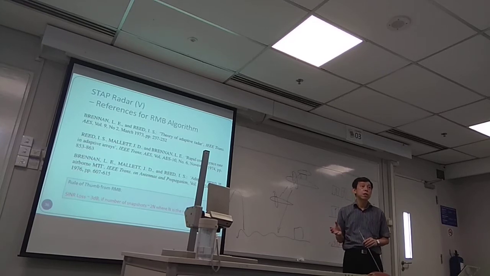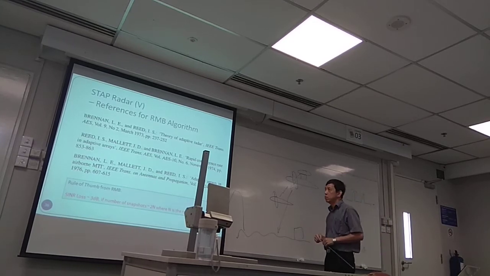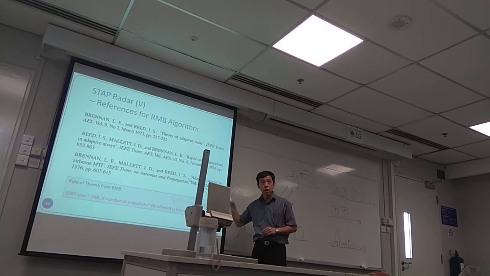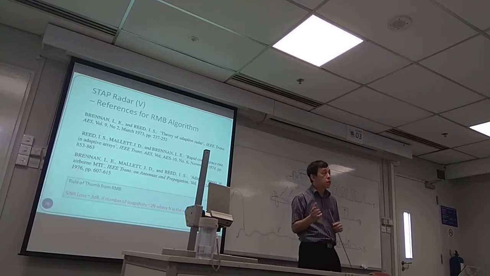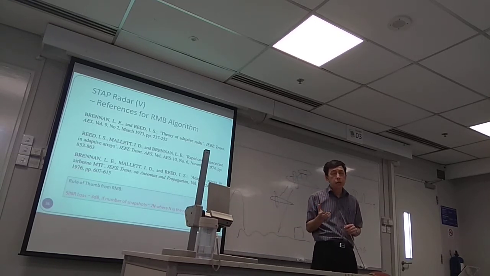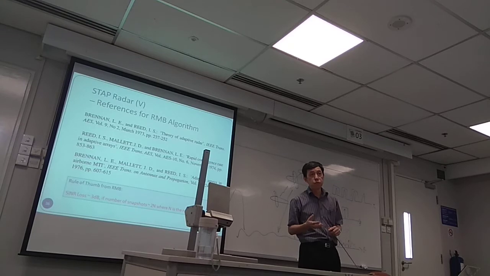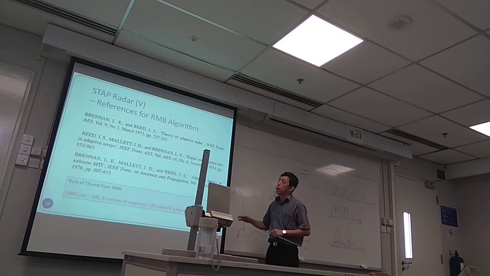But this is something done through computer simulation. Theoretically, it works out, but in the practical situation, well, you have to do much more than that, right, to implement your STAP processor. But their key contribution is this.